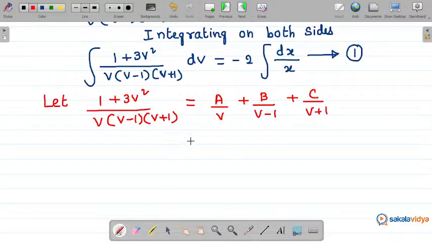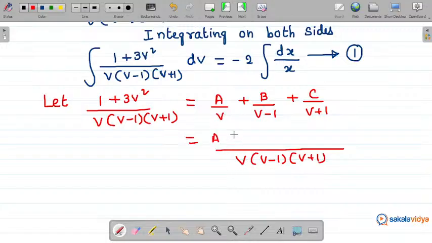Now take the LCM. What is the LCM? v into v minus 1 and v plus 1. So v into v minus 1 v plus 1 divided by v gets cancelled. We have A times v minus 1 into v plus 1.